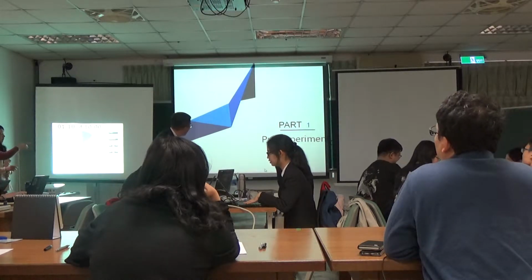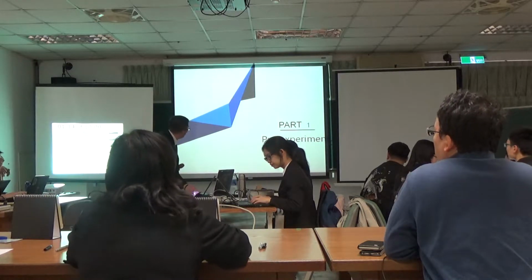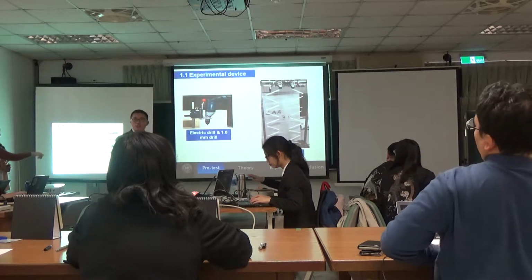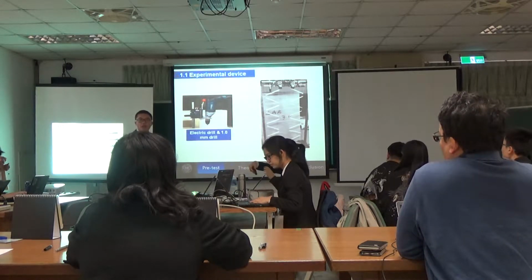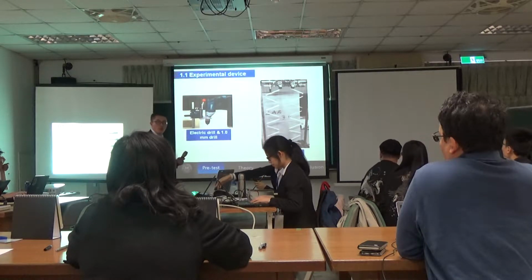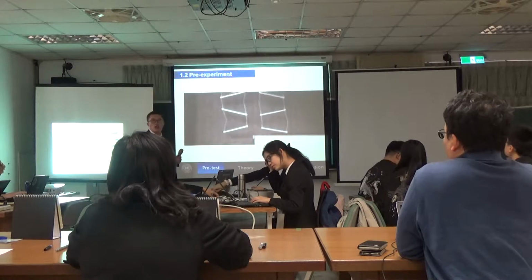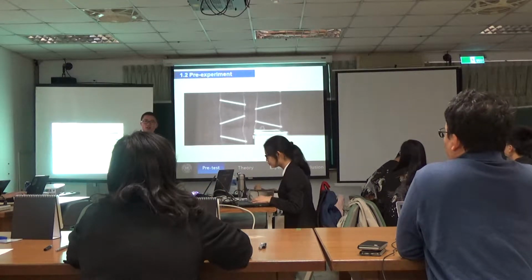And let's get on to our first part, the pre-experiment. We use 2 same chains and make them fall at the same time. One of them falls onto a horizontal surface, and the other just keeps in free fall. And we can see in our experimental results that the chain which falls onto a horizontal surface will be faster than the free fall.